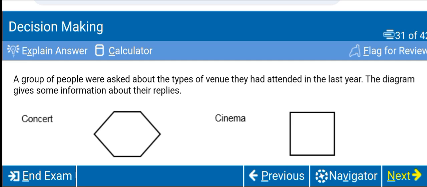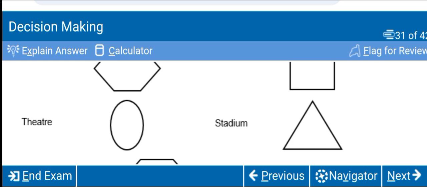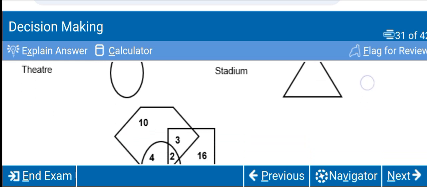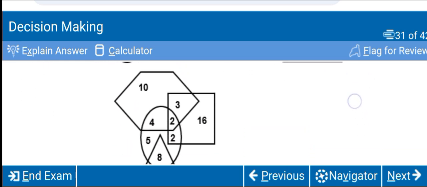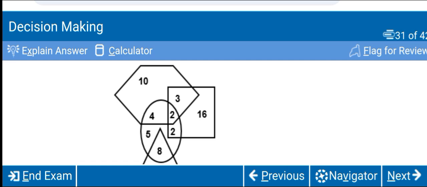First we have concert, then cinema, theater, stadium, and then we have this Venn diagram of all these shapes.